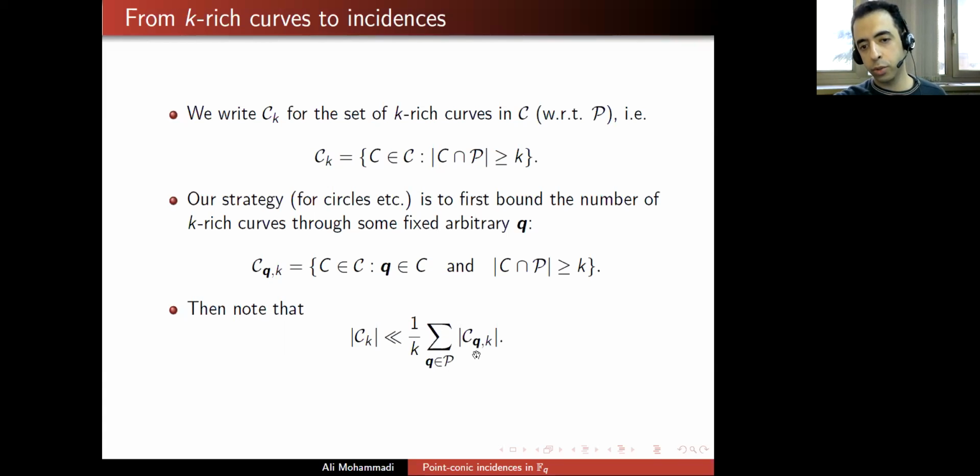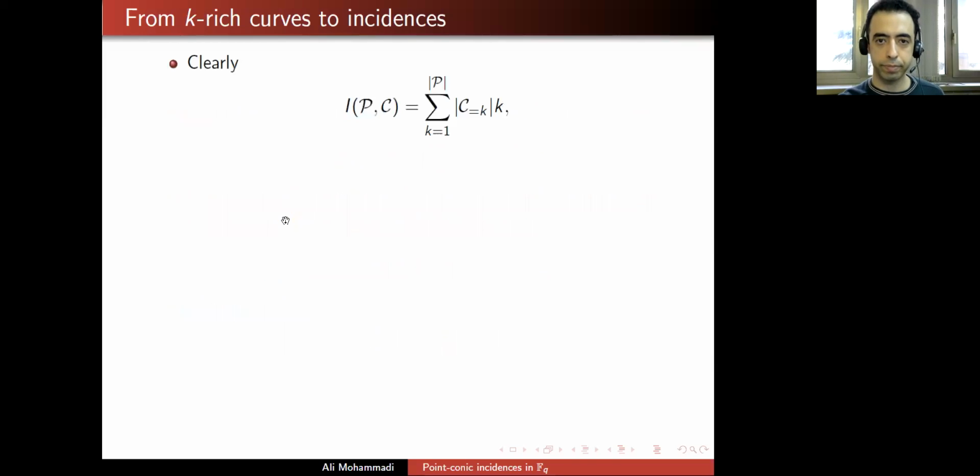But doing so, because these curves have at least K points on them, you're overcounting by at least a factor of K. So you want to divide by K. That's as simple as this, at least this step. So now let's see how we appeal to linear incidence theorems to bound this C_Q^K.